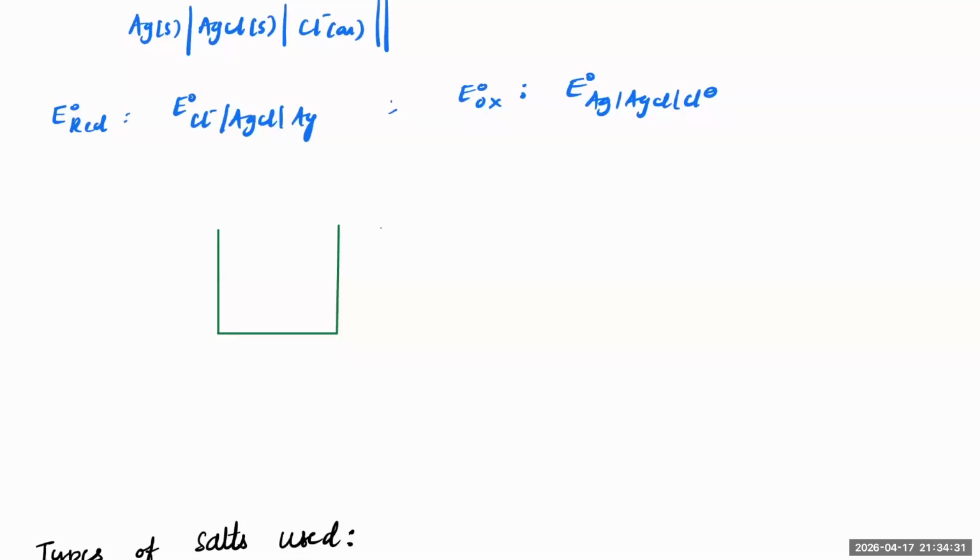Right? By this particular diagram, check this out. What we have here is silver, on which we have a silver chloride paste maybe, and then there is a half cell, and on the other side also we have silver, and here also we have a paste maybe of different concentration.